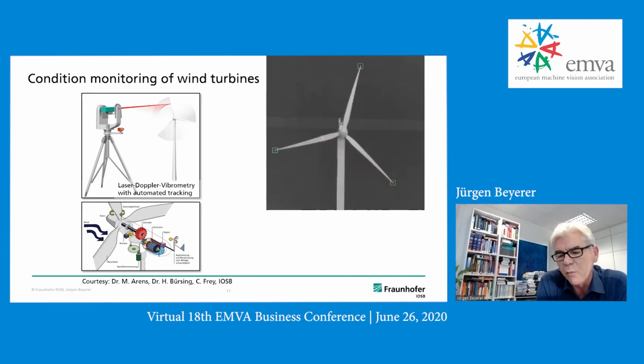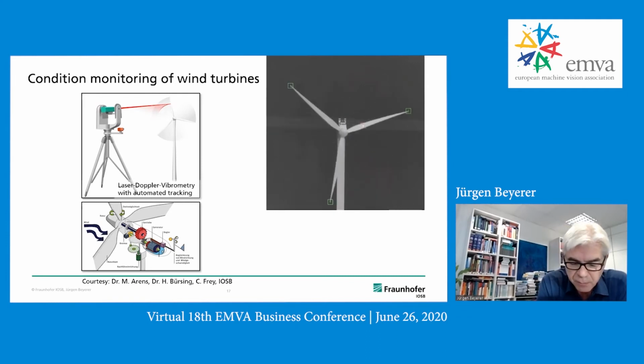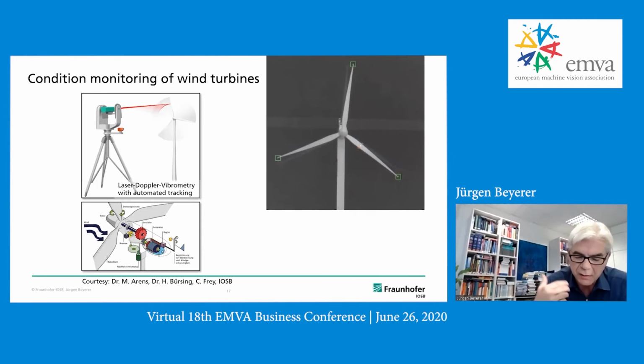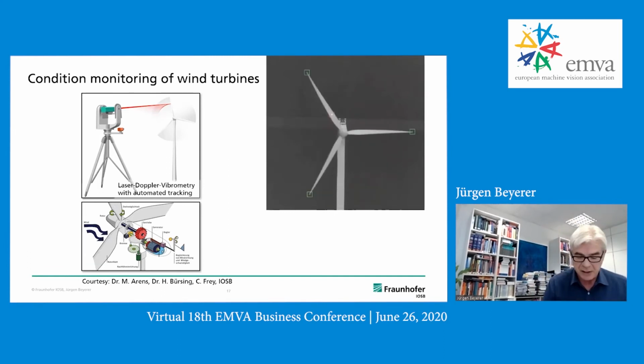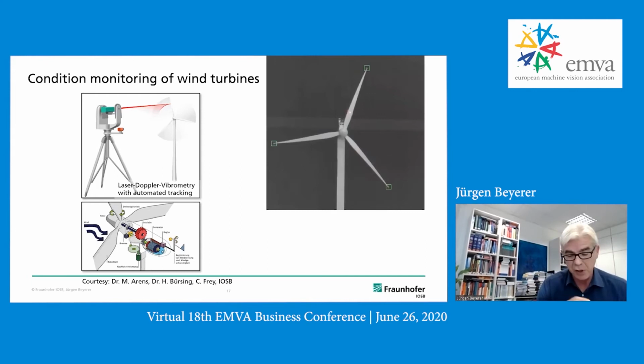And if we've learned it, we can track it, and then we can point a laser on the rotor precisely on a certain point. And due to the Doppler effect, vibrations can be demodulated from the reflected laser light, and so we can measure the vibration spectra at each point of the wind turbine during operation. And it really works very well.